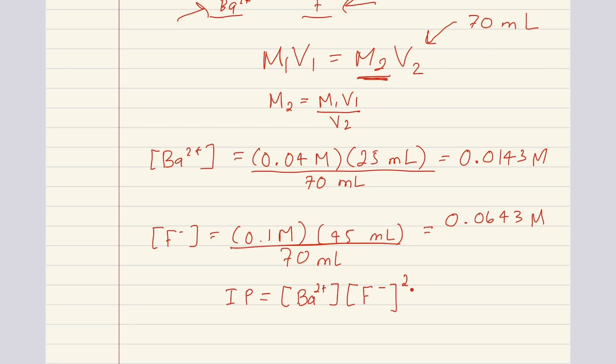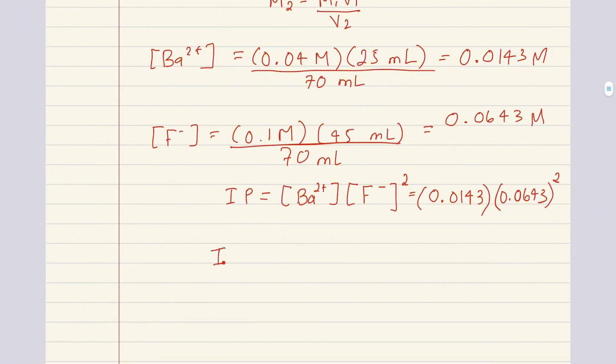Again, because for every barium cation we have two fluoride anions. Now we can go ahead and plug in the values we calculated. The concentration for barium cations is 0.0143, and the concentration for fluoride anions is 0.0643, and this value is going to be squared. If we plug this into a calculator, we're going to get that the ion product is equal to 5.9 times 10 to the negative 5.